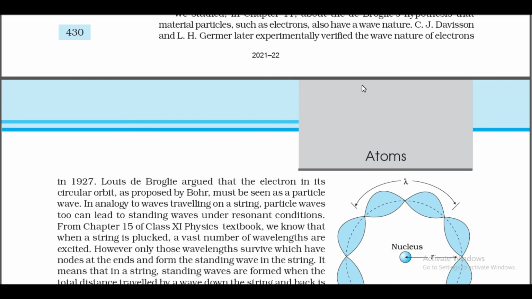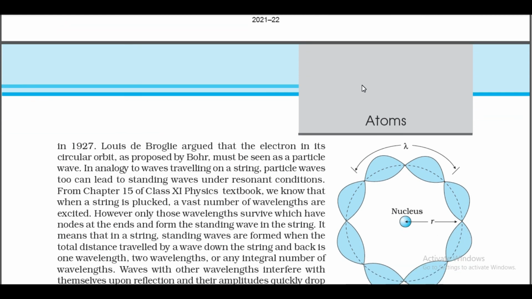under resonant conditions. From Chapter 15 of the Class 11 Physics textbook, we know that when a string is plucked, a vast number of wavelengths are excited. However, only those wavelengths survive which have nodes at the ends and form the standing wave in the string.